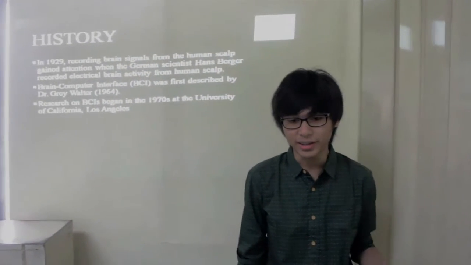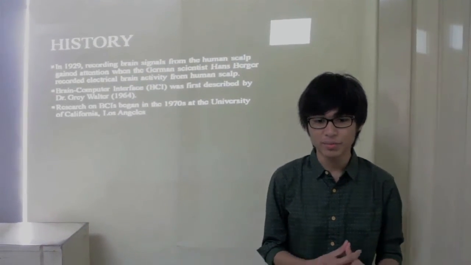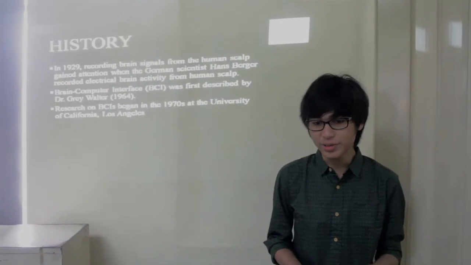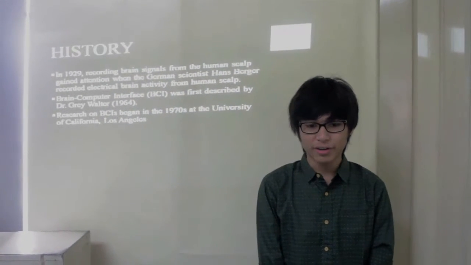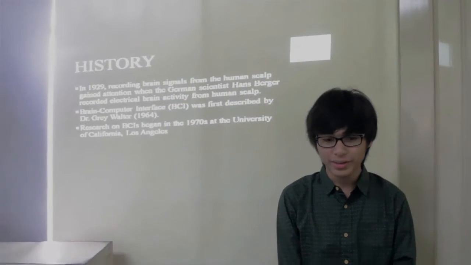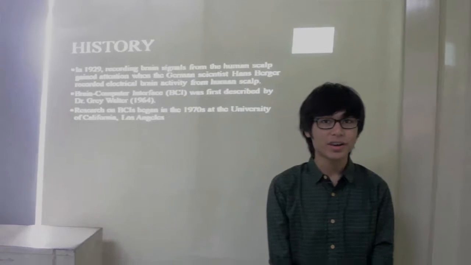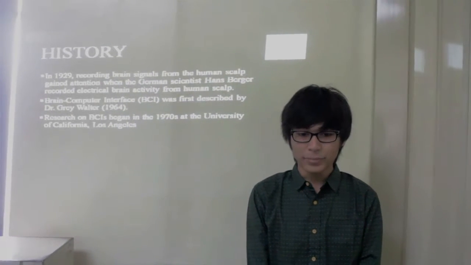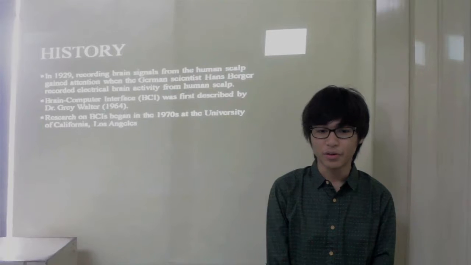In 1929, recording brain signals from the human scalp gained attention when the German scientist Hans Berger recorded electrical brain activity from the human scalp. Brain-computer interface was first described by Dr. Graimann in 1964.